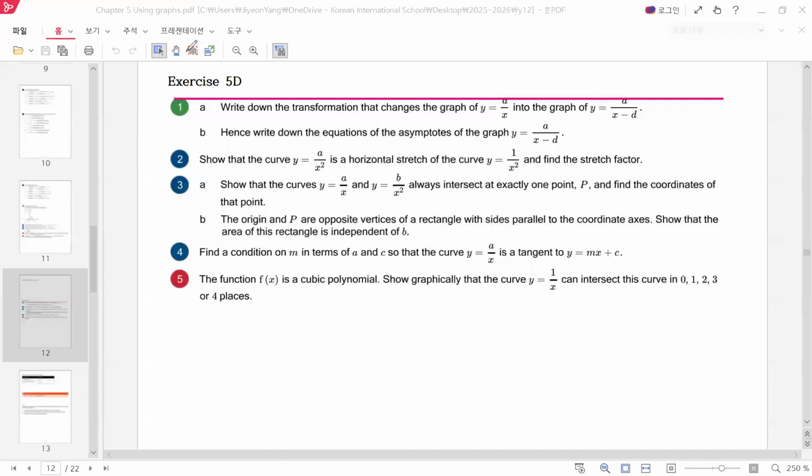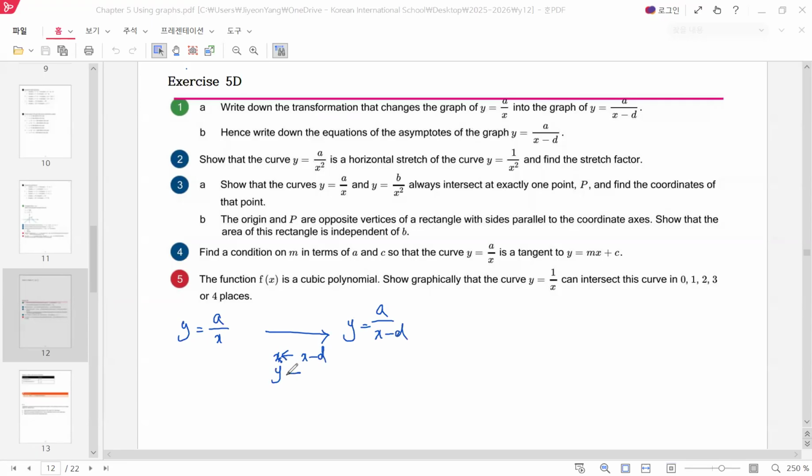Let's solve exercise 5D. Write down the transformation that changes the graph of y equals a over x into the graph of y equals a over x minus d. As you can see, instead of x, they wrote x minus d.